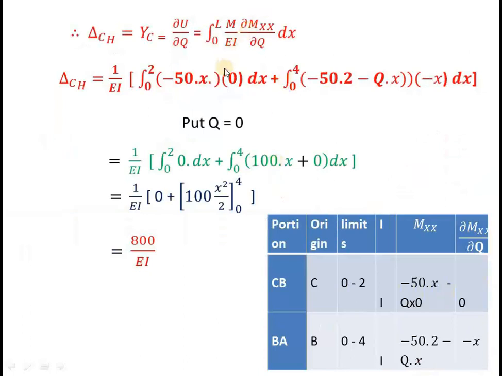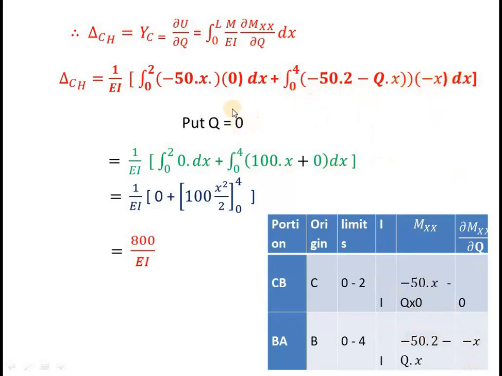Now if you substitute the values of this bending moment and ∂M/∂Q for both the terms in this equation, look at this: M by EI, 1 by EI I have taken, M is minus 50x minus Q into 0, and ∂M/∂Q is 0. Here it is minus 50 into 2 minus Qx, and ∂M/∂Q is x.